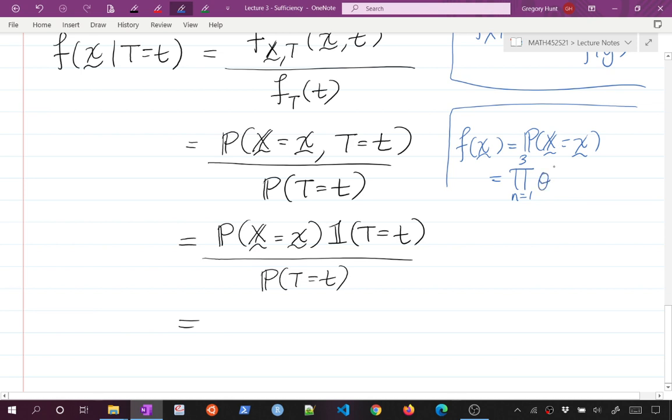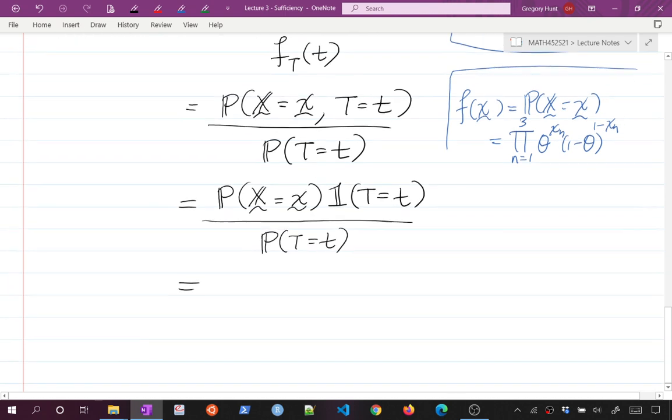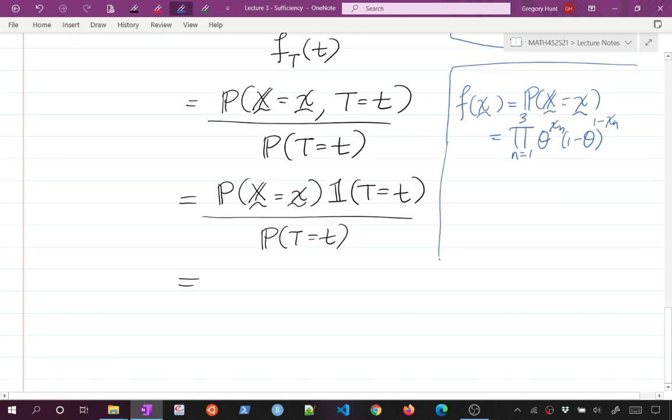It's theta to the xn, 1 minus theta to the 1 minus xn. Yeah, we'll leave it like that. So that's cool. And then we do need a distribution of t. T, of course, is a binomial 3 theta.